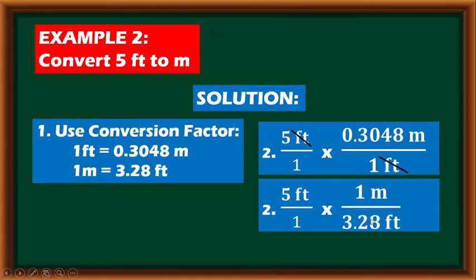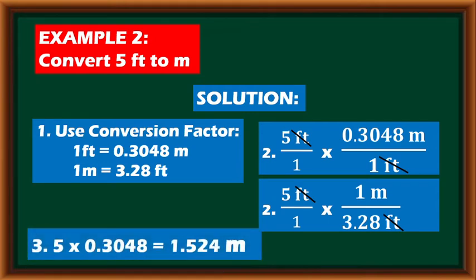Okay? So, 5 times 0.3048 at saka 5 divided by 3.28, ang lalabas dyan na sagot ay the same, 1.524 meters or 1.52 meters.